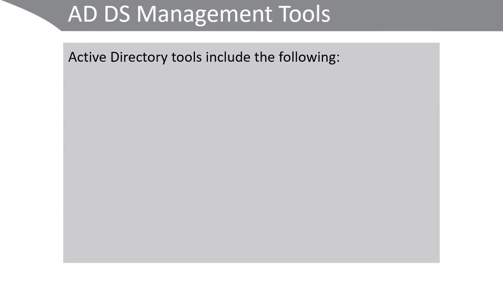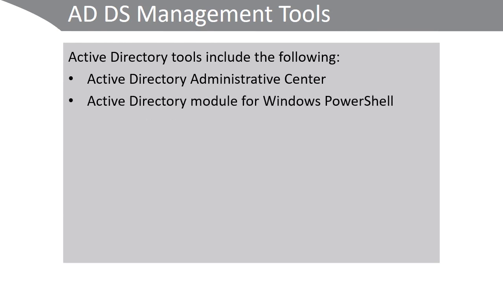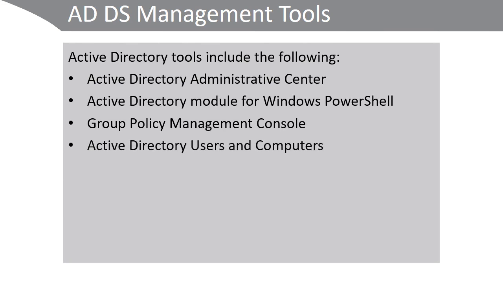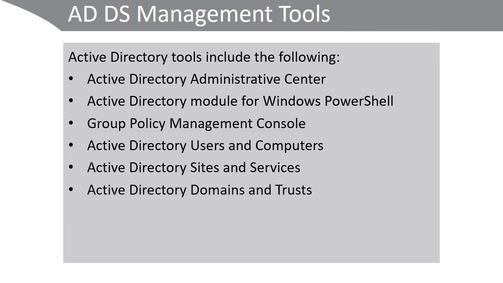Active Directory can be managed using a number of different tools. Common tools include the Active Directory Administrative Center, the Active Directory module for Windows PowerShell, enabling you to perform management from the command line, the Group Policy Management Console, Active Directory Users and Computers, which enables you to, as the name suggests, manage users, computers, and also groups, the Active Directory Sites and Services tool, which enables you to manage the sites and subnets and the links between them for your Active Directory infrastructure, and the Domains and Trusts tool.